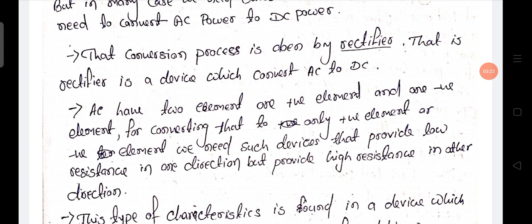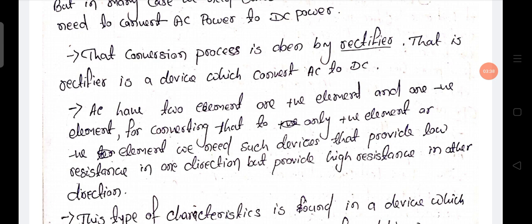For eliminating one part, we want a device which can conduct in only one direction.